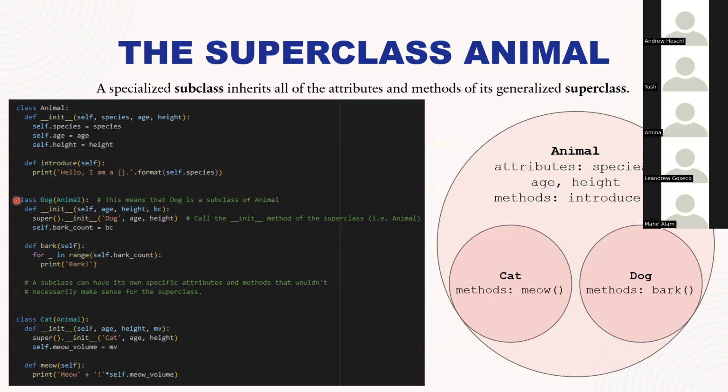So this statement means that dog inherits from animal, and this statement here again means that cat inherits from animal. And notice that I don't actually need to change anything about animal in order to use it as a superclass. I just need to specify in the subclasses what is being inherited from.